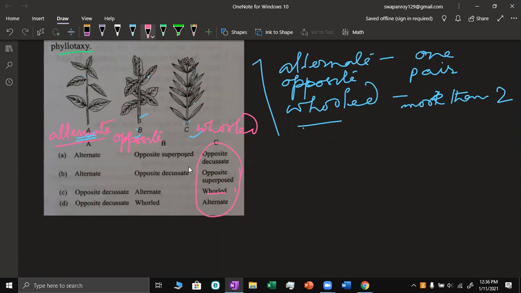So this question is wrong. The question given is wrong. There is no option matching.